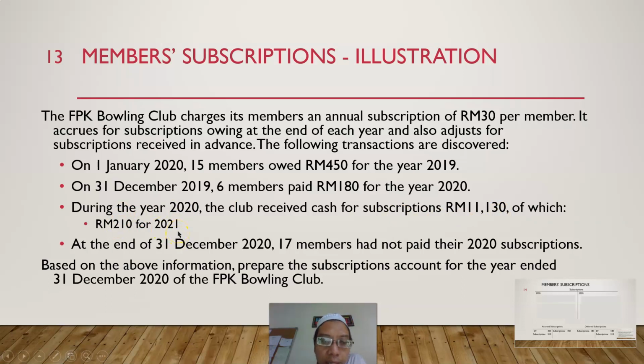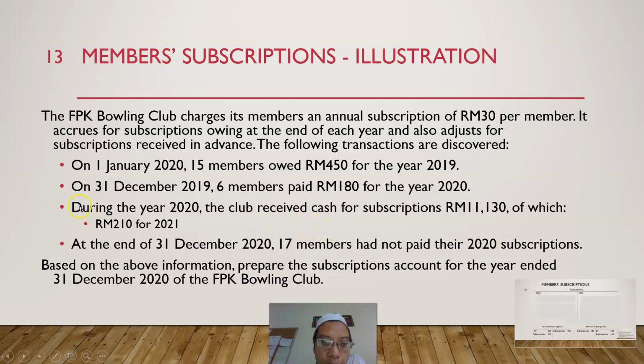So in the current year, the club received cash of 11,130, but from that amount, 210 is actually an advanced payment. Again, this is a deferred subscription. People have paid not for the current year, but for the following year. Therefore, we must adjust this one.